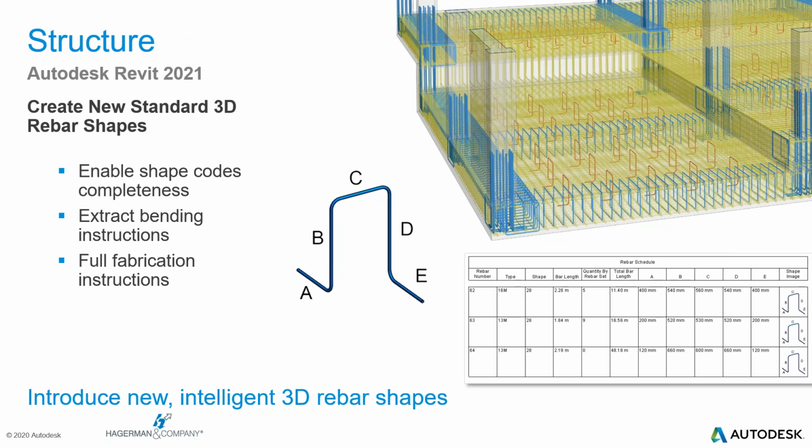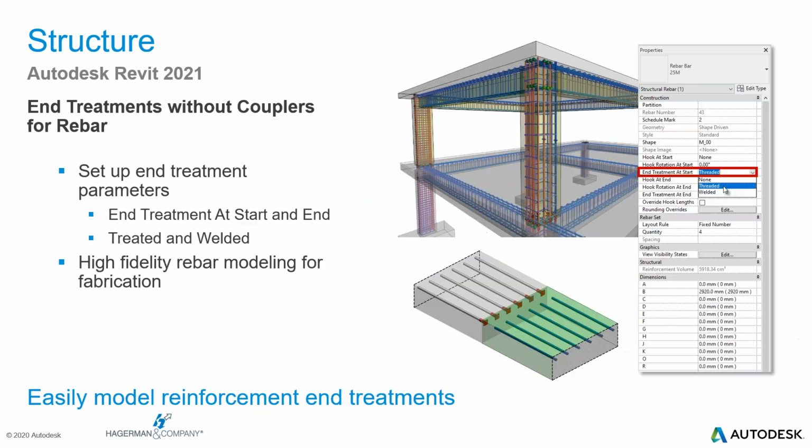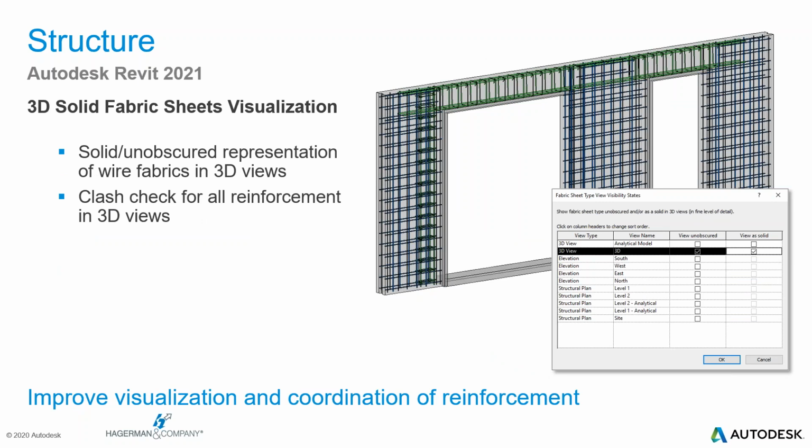In Revit 2021, you can view fabric sheets and custom fabric sheets in 3D views as solid or unobscured. This feature can be enabled in the same way as for other types of reinforcement, for example, by changing the visibility status, which is available in the properties palette when a fabric sheet is selected.